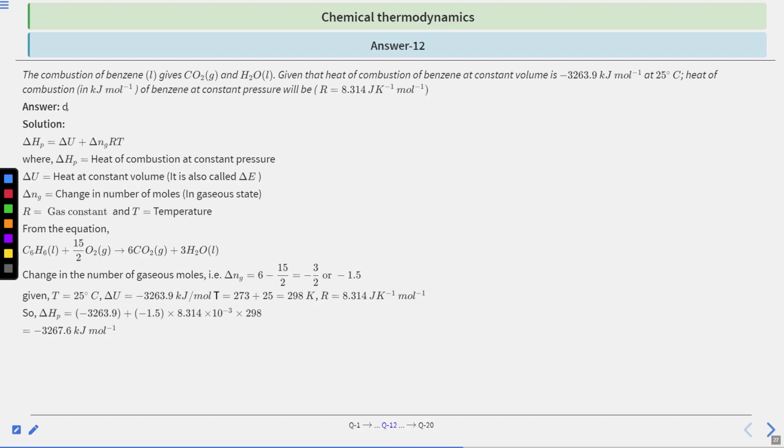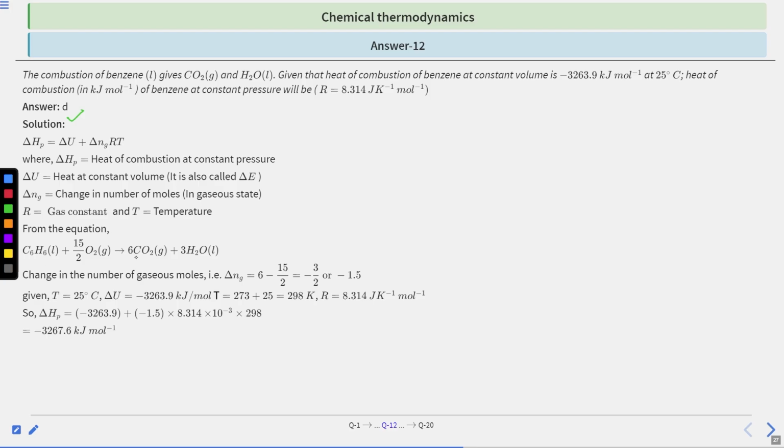Okay, so the correct option will be D. ΔH equals ΔU plus Δng RT at constant pressure, where ΔH is the heat of combustion at constant pressure, ΔU is the heat at constant volume, and Δng is the change in the number of moles in the gaseous state, R is the gas constant and T is the temperature.